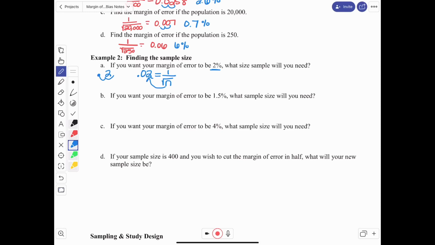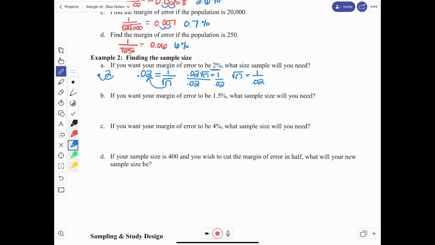And so that means now we would have 0.02 square root of n equals 1. And then we would basically divide by 0.02. And so now we get the square root of n equals 1 over 0.02.